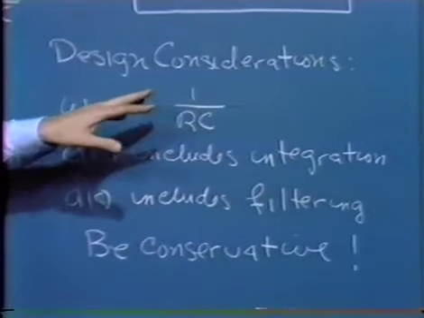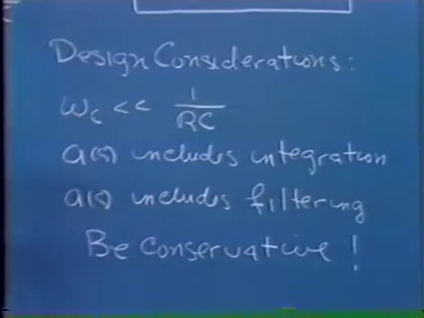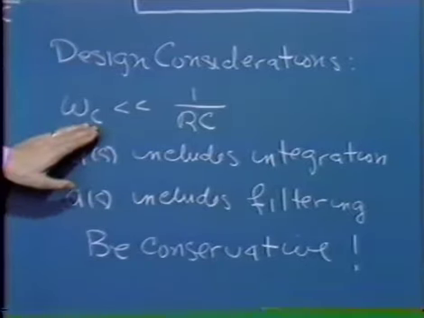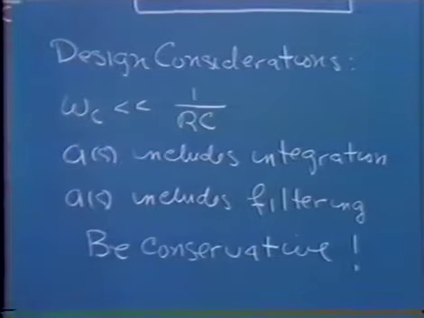As we approach 1 over RC, we get into sampling kinds of problems. We're not able to get a good estimate of the envelope on an instantaneous basis. And the thing that allows us to get a good estimate on a sort of instantaneous basis compared to the dynamics of our amplitude stabilization loop is to ensure that the crossover frequency in that loop is much, much less than 1 over RC.